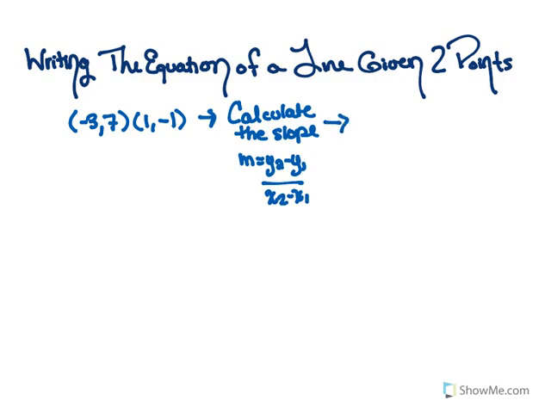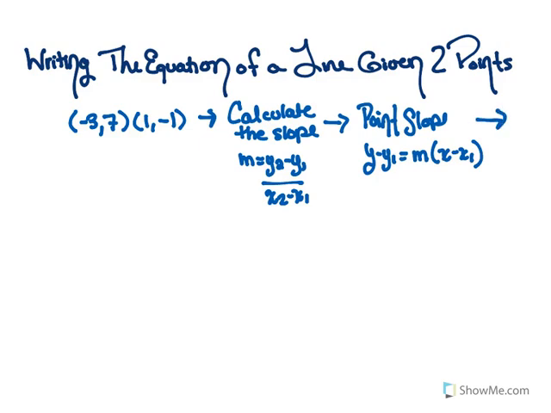Then I plug it into point slope, which is again y minus y1 equals m times x minus x1. And then finally, I go into y equals mx plus b, right? I want to put it in slope-intercept. So let's go ahead and start with this equation right here.